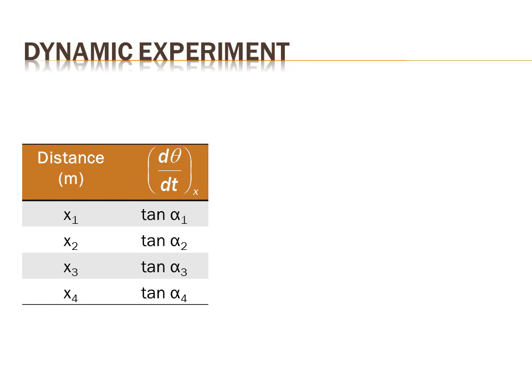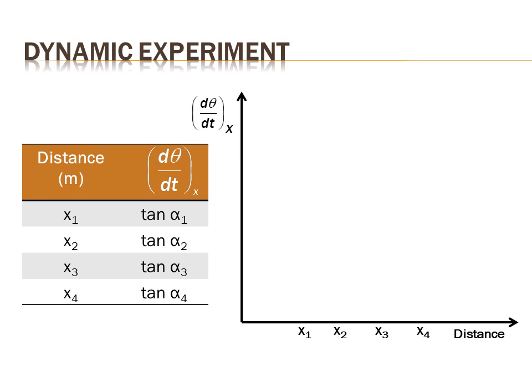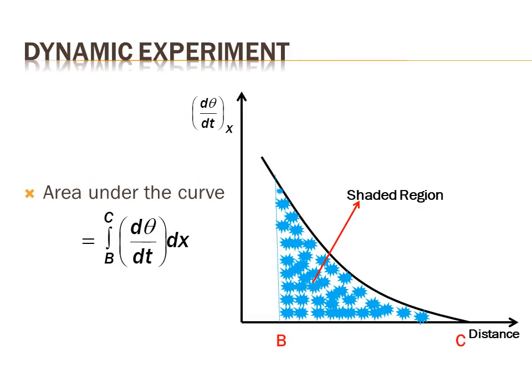With these values, we obtain a graph in the form of a curve. From the curve, we find the area under the curve between the points B and C. This area under the curve gives us integral B to C d theta by dt dx.